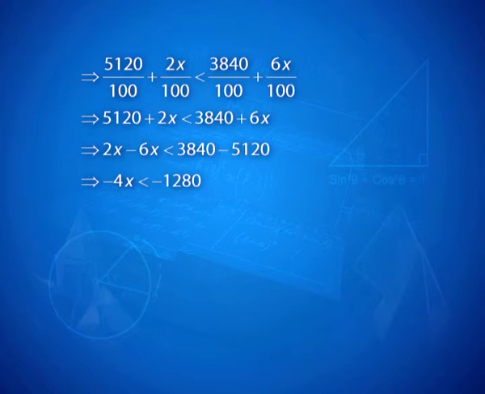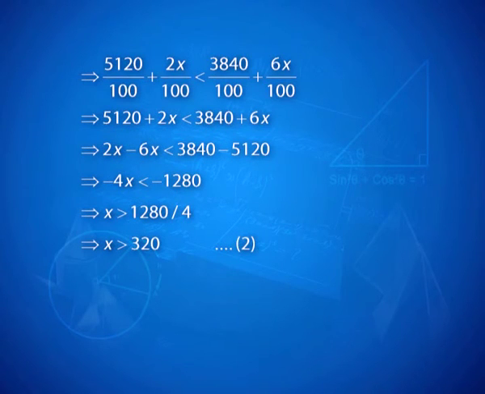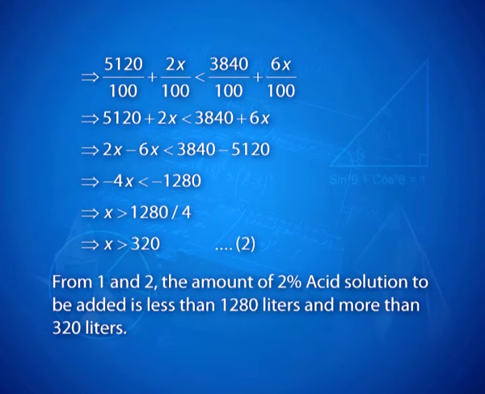On dividing by minus 4, the inequality gets reversed, giving us x is greater than 1280 upon 4 or x is greater than 320. Now, combining the conditions 1 and 2, we obtain that the amount of 2% acid solution to be added should be less than 1280 liters and more than 320 liters.